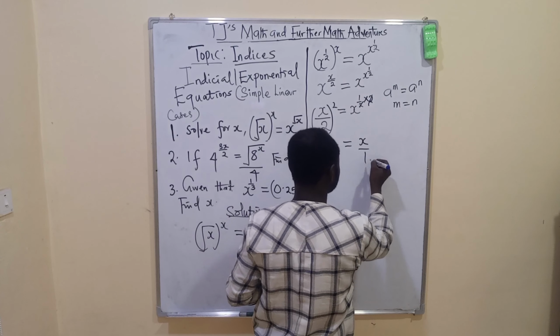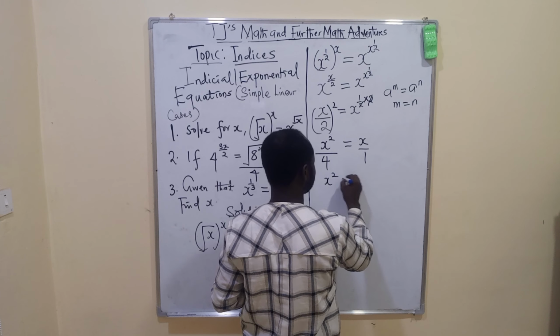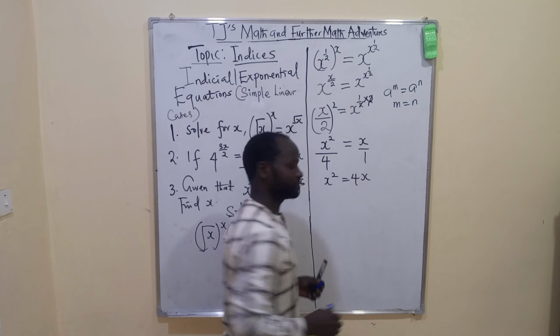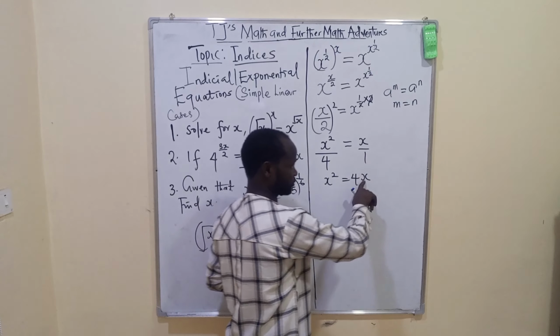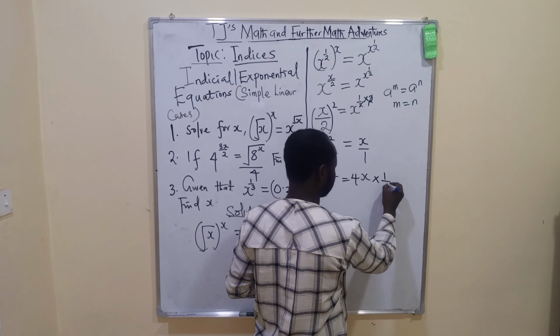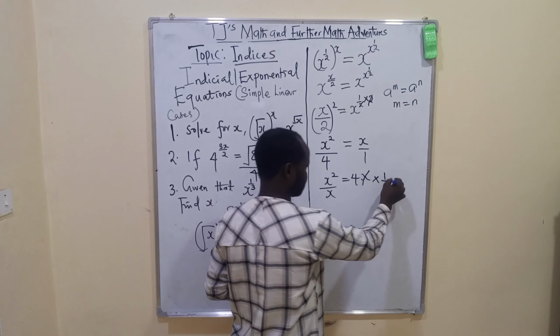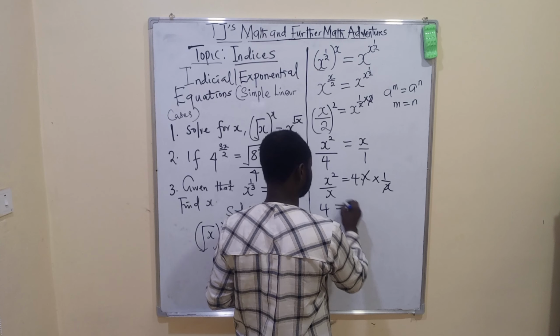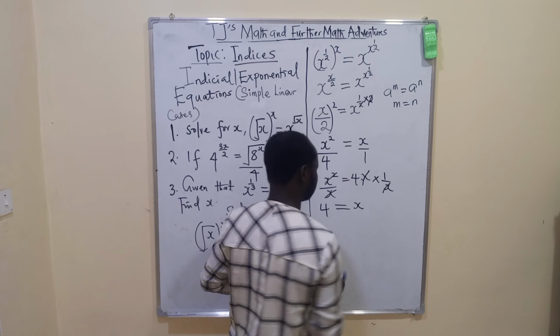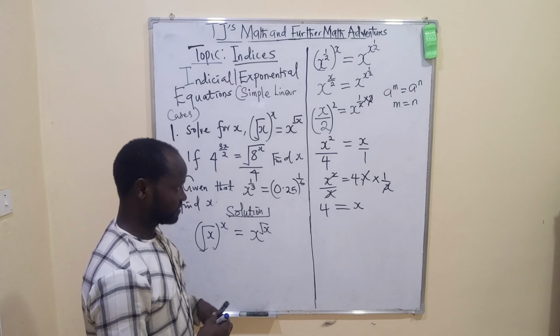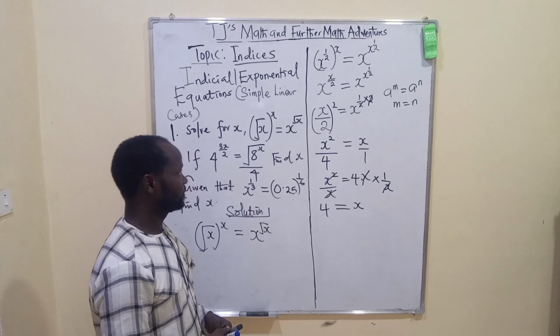So this will be over 1. We can cross multiply. x squared now will be equals to 4x. So we can remove this x here by multiplying both sides by 1 over x, so that this x here will go. We have 4 now equals to x. So the value of x is equals to 4.